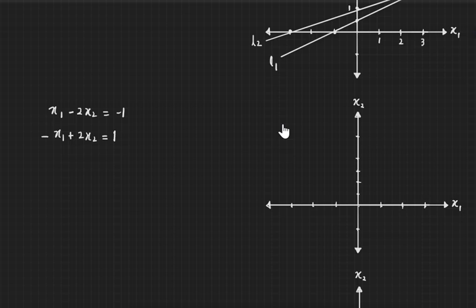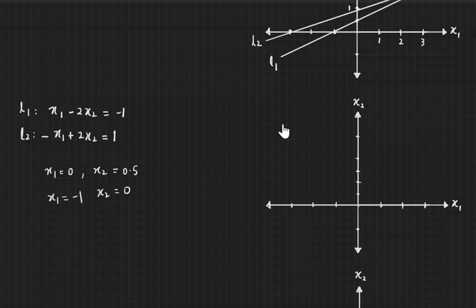Let's assume that this is the straight line L1 and this equation gives us the straight line L2. In order to draw the straight line of this linear equation, we need at least 2 points on it. Let us assume x1 equals 0, then x2 would be 0.5, and if we assume x2 equals 0, then x1 equals minus 1.